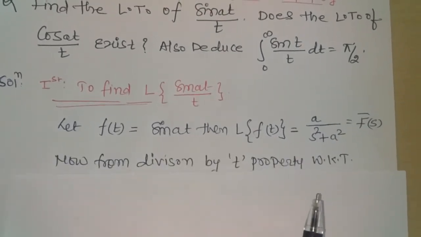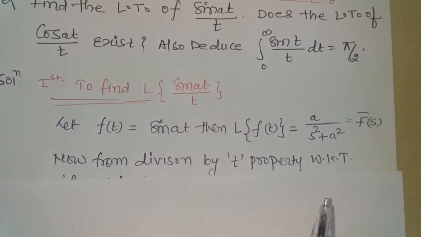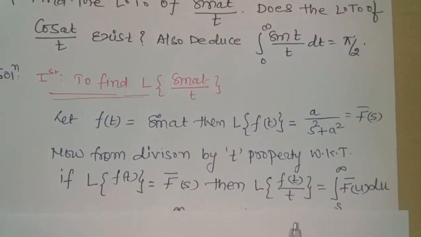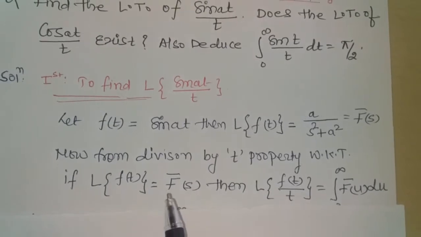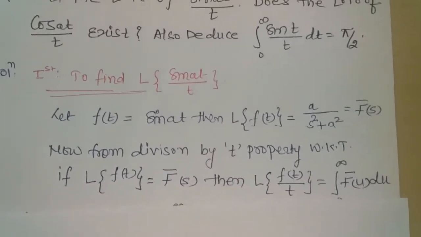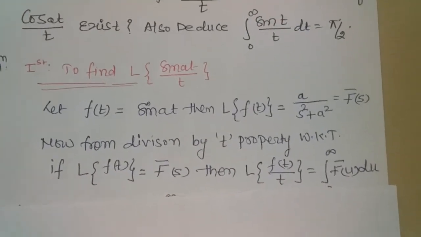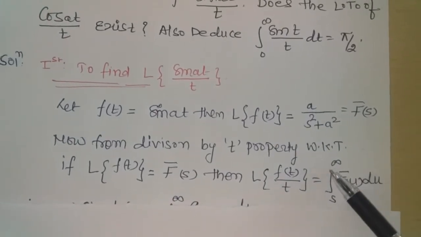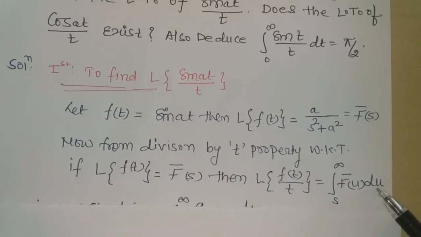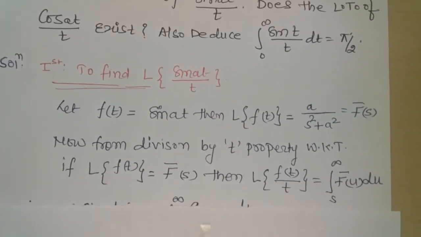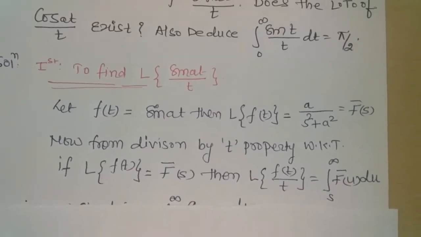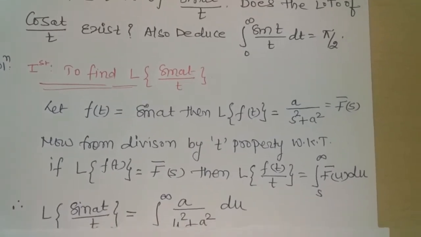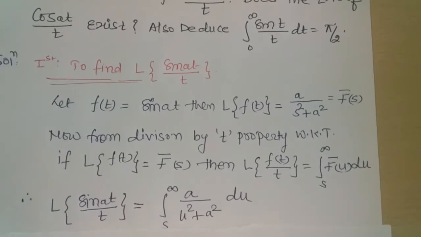Now by the division by t property we know that if the Laplace transform of f(t) is f bar s, then the Laplace transform of f(t) by t is the definite integral from s to infinity of f bar u du, where f bar is the Laplace transform of f(t).